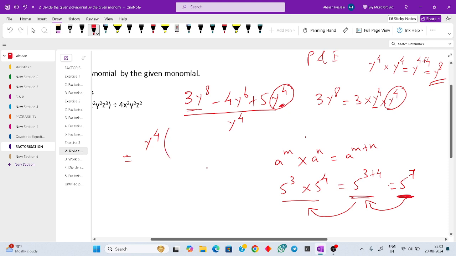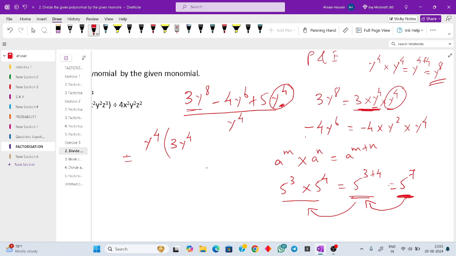Then what will be left here? This one will be left, that is 3y power 4. Similarly, for minus 4y power 6, we can write minus 4 multiplied by y power 2 multiplied by y power 4. Again, see, 2 plus 4 is 6.